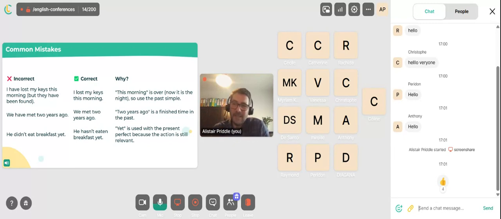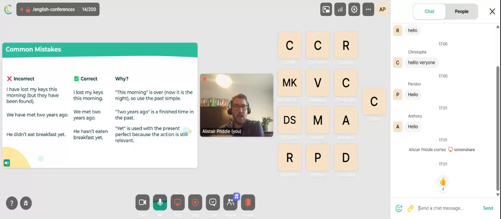Okay. Well, let's have a look at the second example. The incorrect sentence first: "We have met 2 years ago." No, this is incorrect. We met 2 years ago. So 2 years ago is a finished time in the past. This is why we must use the past simple.